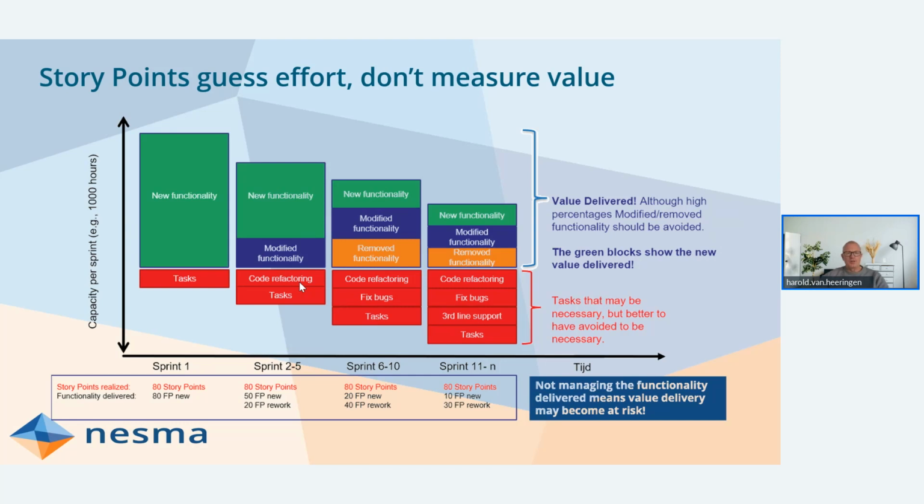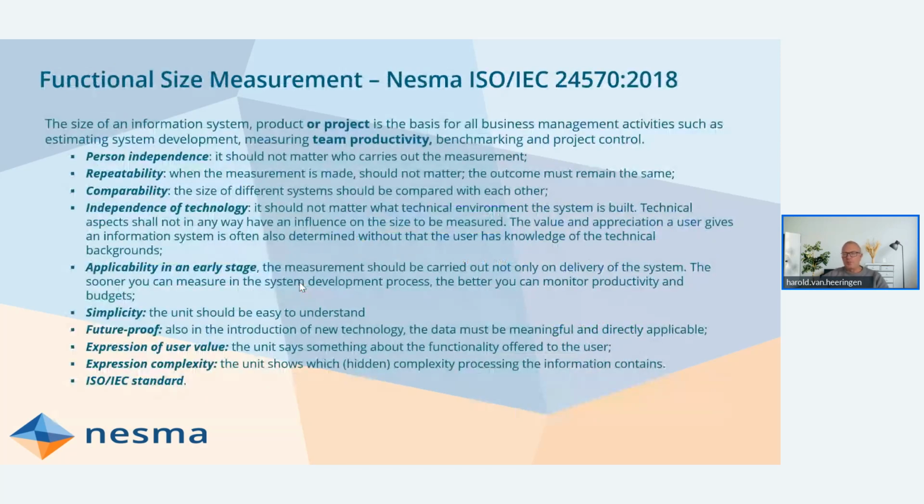So that being said, we NESMA provide a standard which is objective, repeatable, comparable, etc. This is our NESMA functional size counting guidelines. The latest version was in 2018, and it covers a lot of guidelines, but actually way too many to be interesting for agile teams. So we're now currently working on a condensed standard that probably will be released in Q2 of this year.